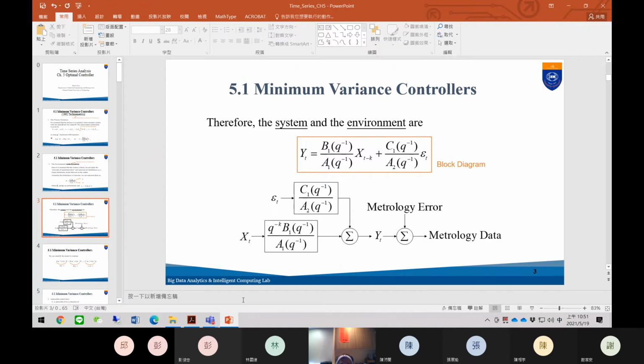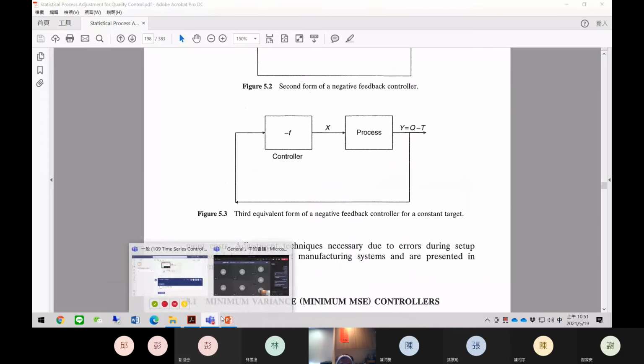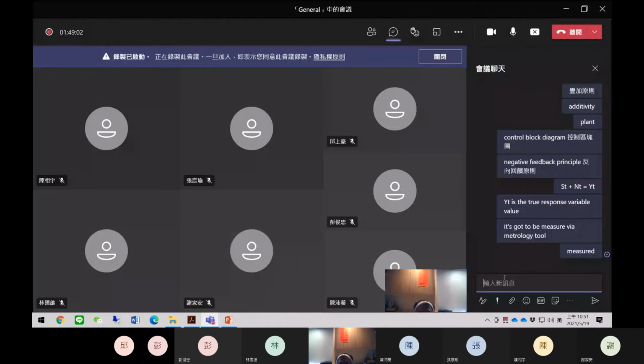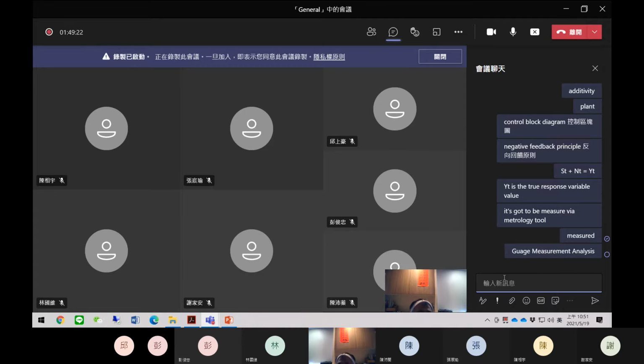So that's the metrology data. That's why we have discussed the gauge measurement system, the gauge measurement analysis.